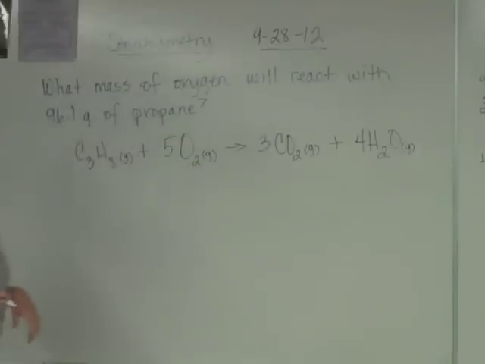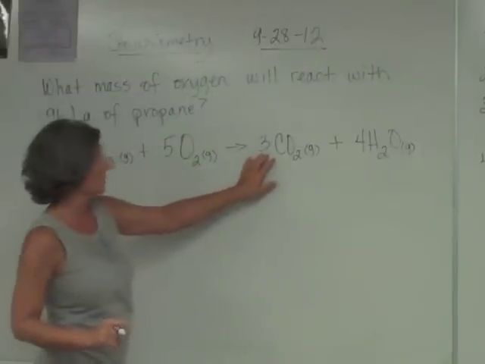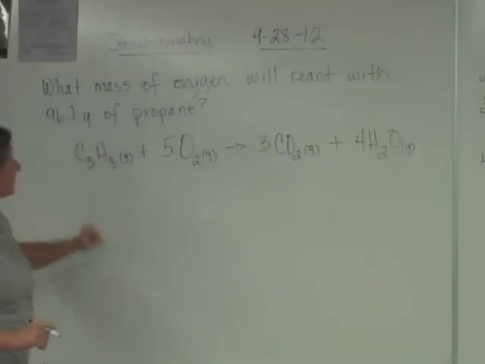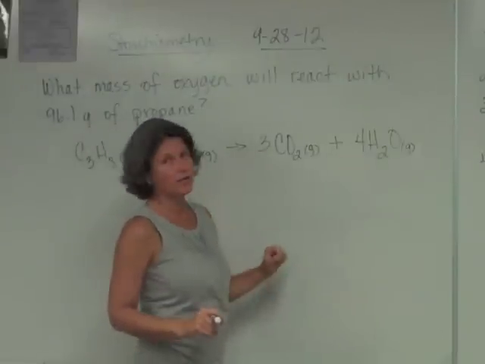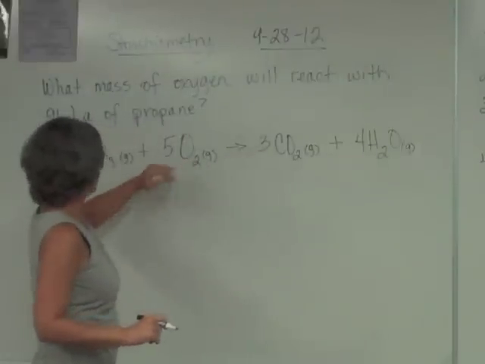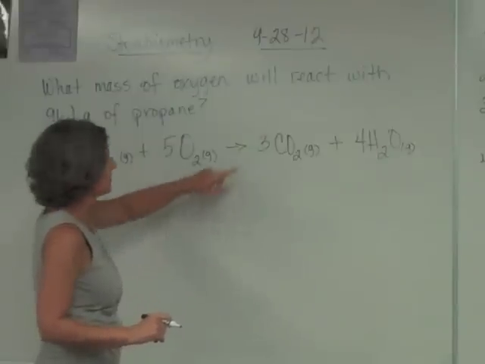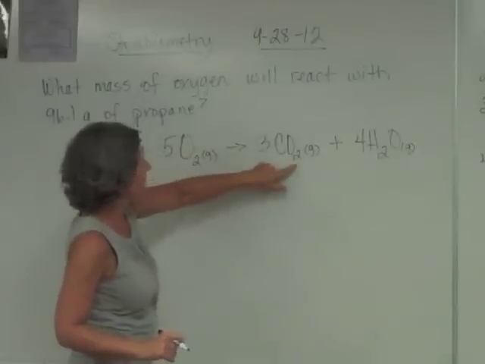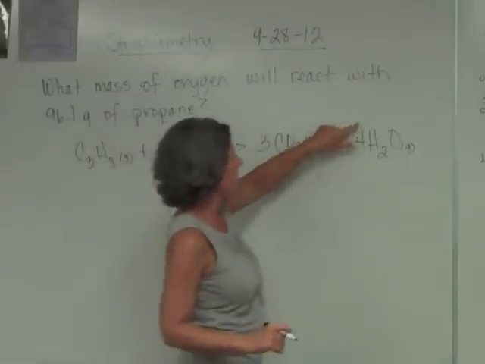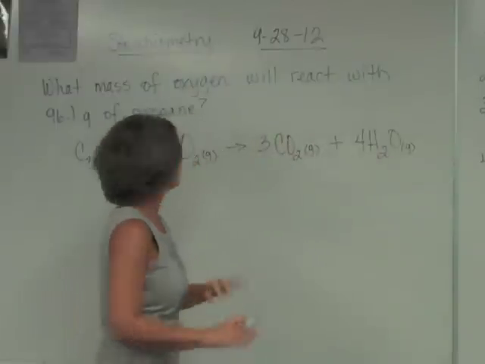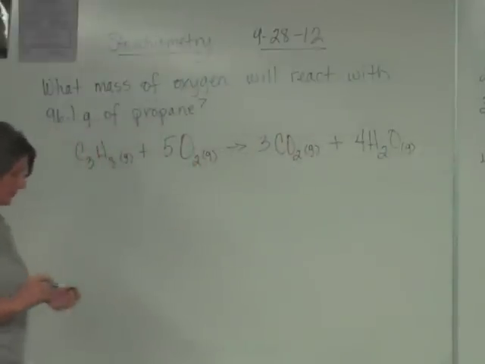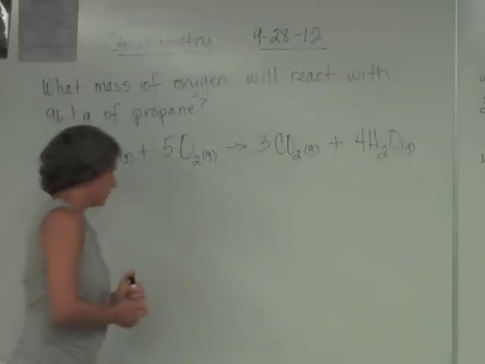Let's go back through this and make sure we're good. 3 carbons, 3 carbons. 8 hydrogens, 8 hydrogens. 10 oxygens. 3 times 2 is 6, plus 4 is 10. Okay, good, we're balanced.